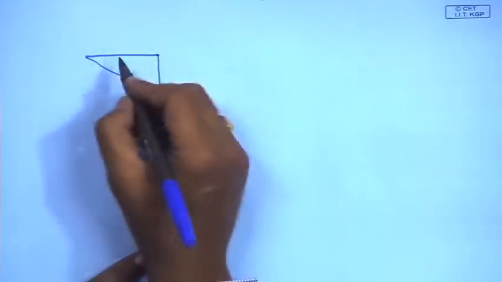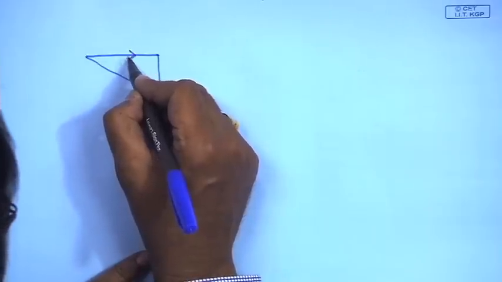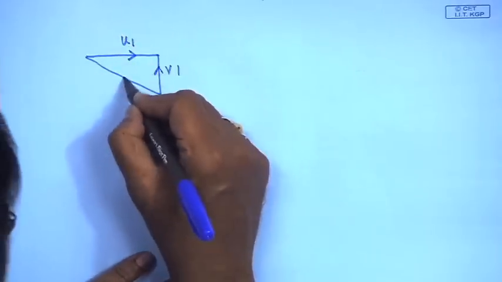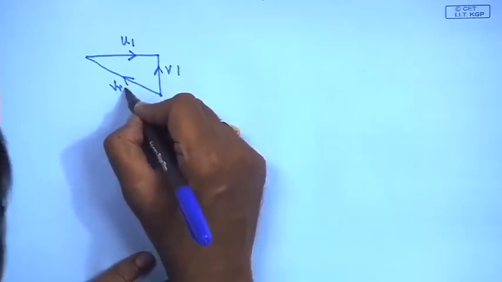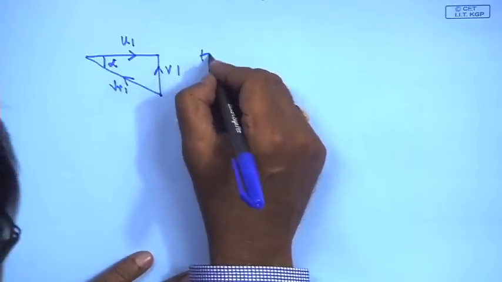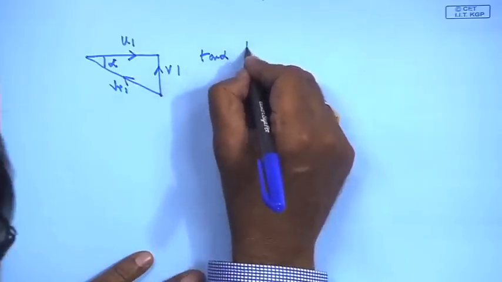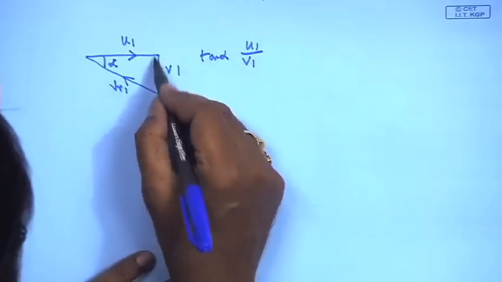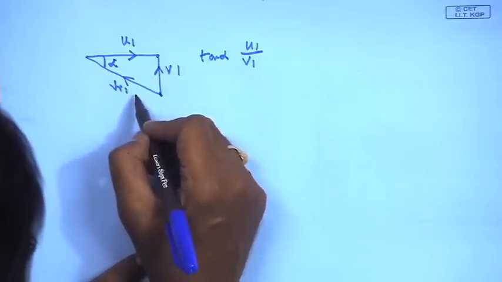However, now what happens is that if we know U1, the rotor speed, and V1 and VR1, if this is alpha, let me just draw the diagram. So tan alpha is V1 by U1. So I have to know the flow velocity or the relative velocity.